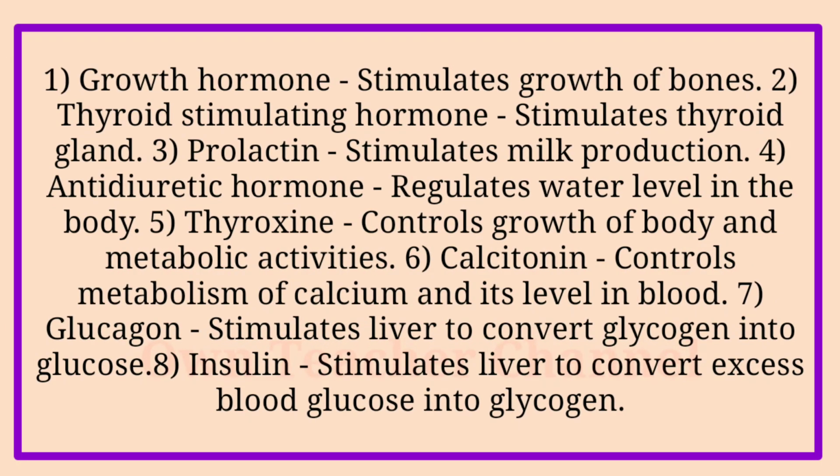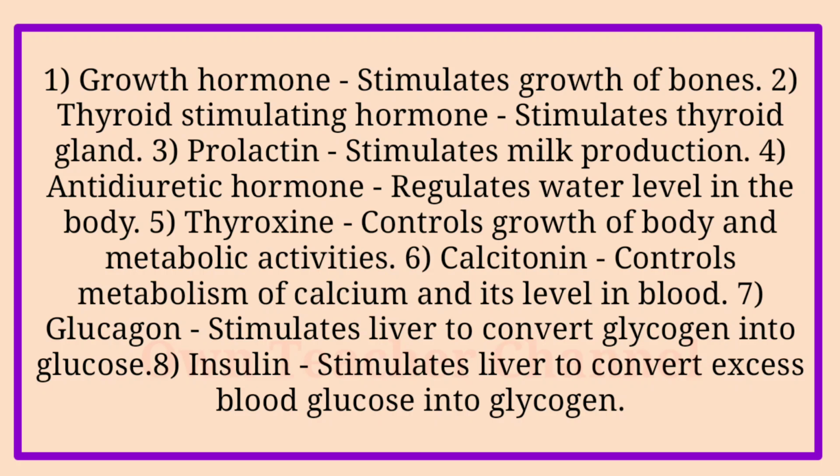Growth hormone stimulates growth of bones. 2. Thyroid stimulating hormone stimulates thyroid gland. 3. Prolactin stimulates milk production. 4. Antidiuretic hormone regulates water level in the body.